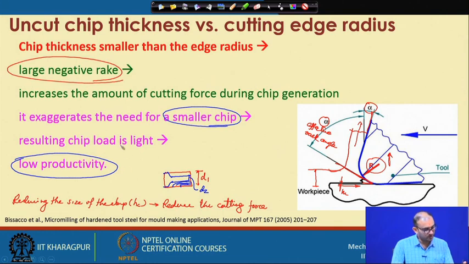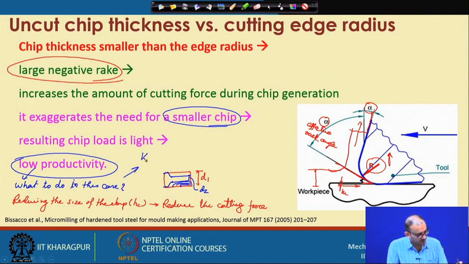So there is one way to counter this, that you have to increase the RPM. So what to do in this case? Here we need very high RPM, the rotation of the tool.